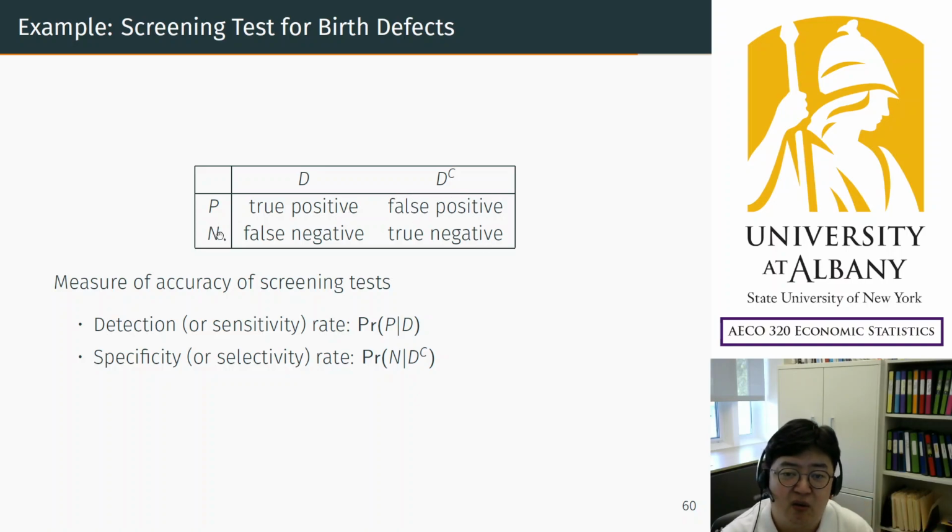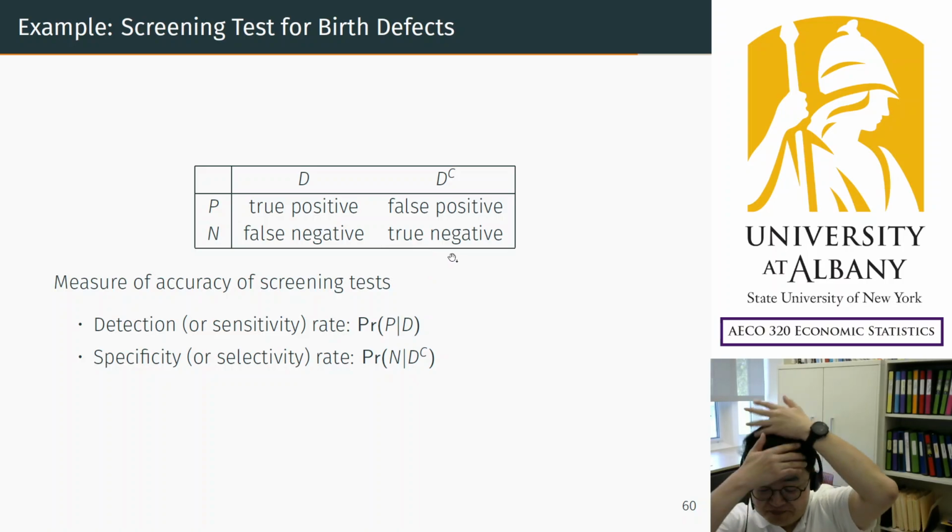And on the other side, even if you see a negative result, it doesn't mean there is no birth defect. There is a possibility that the baby actually has birth defects, but the test result was false. False negative. But if it's negative and the baby does not have any defects, then the negative is true. True negative.